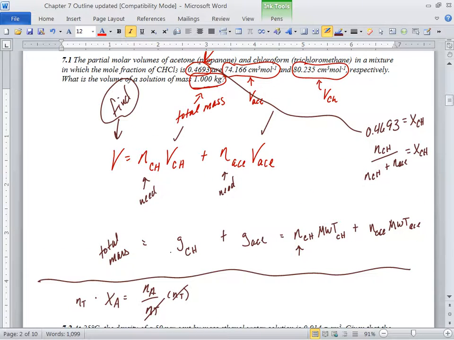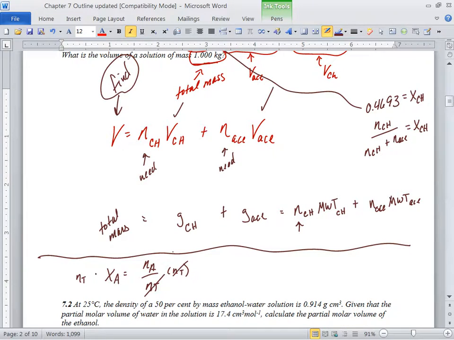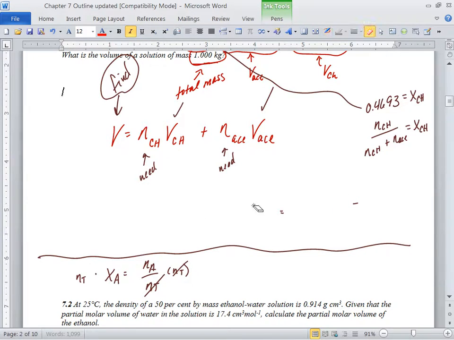But how did I get the total moles? What did I do? I thought you only know the total moles of chloroform. I mean, the mole fraction of... it's the 2 steps. That's why. You can't solve this all in 1 step. Okay. I see what I did. So we were on the right track. We were on the right track, though.